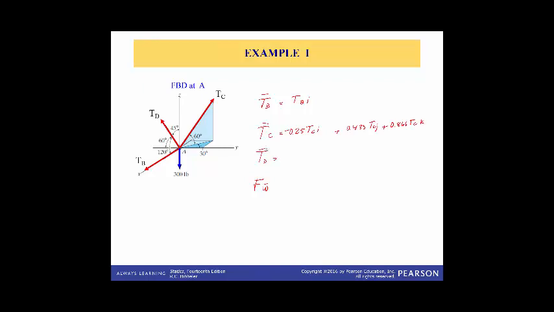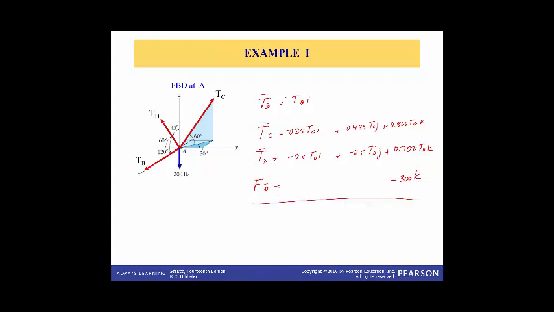And then TD, we have -0.5 TD i + -0.5 TD j + 0.7071 TD k, and then of course the weight, which is in Z, is -300k.